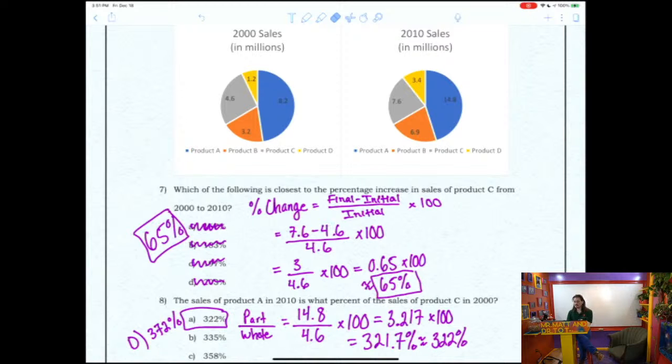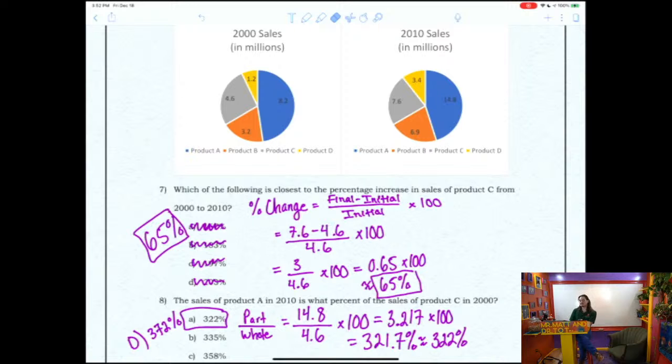So that's number 7. Number 8, the sales of product A in 2010 is what percent of the sales of product C in 2000. So in 2010, product A, the blue sector, had $14.8 million of sales. Product C in 2000, which is the gray sector, had $4.6 million of sales. So 14.8 divided by 4.6 is going to give us 3.217.